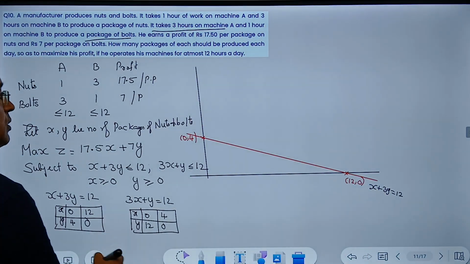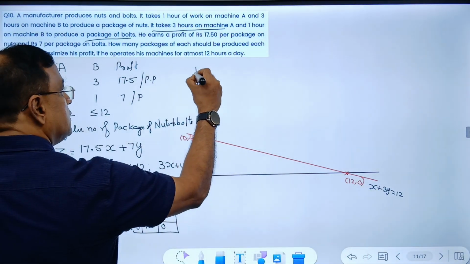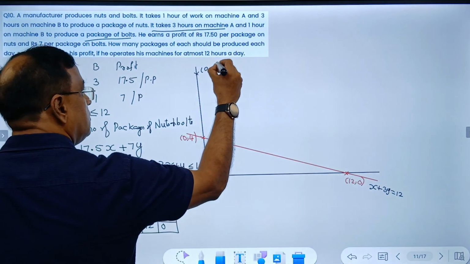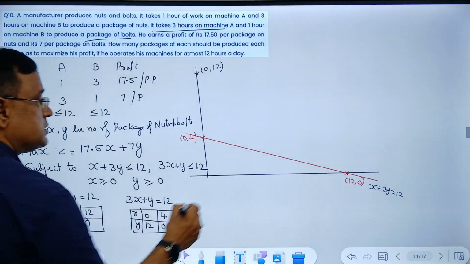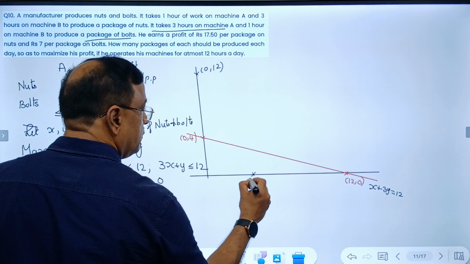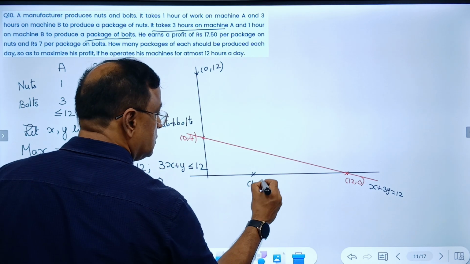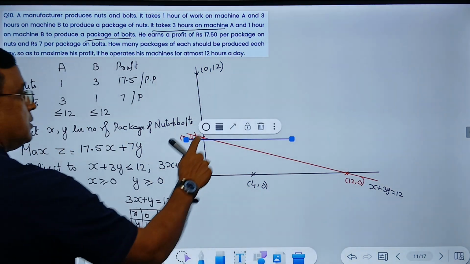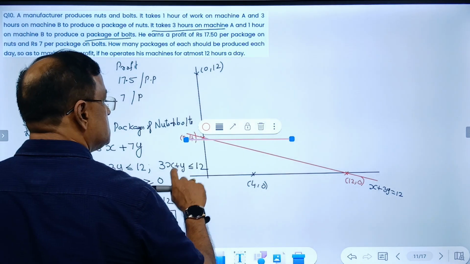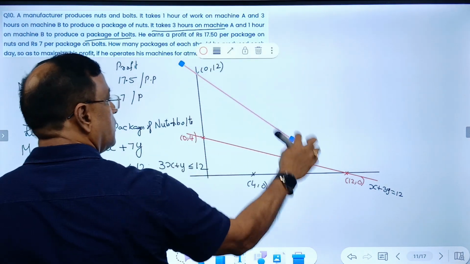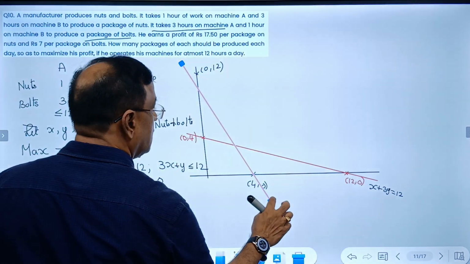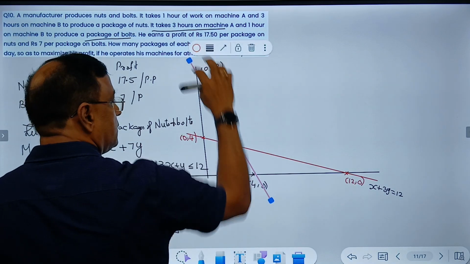Now the next one is 0, 12, and then 4, 0. So roughly 4, 0. So I'll just copy it. So let's draw this line. Very nicely it comes.